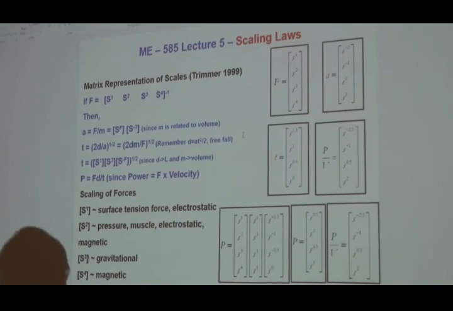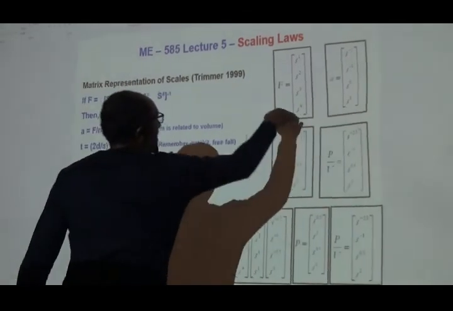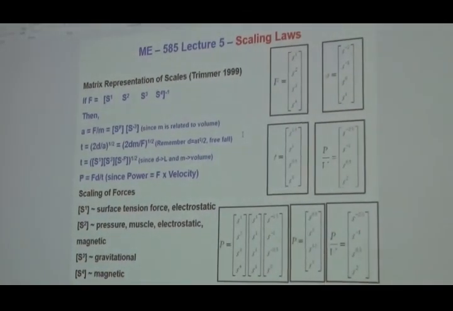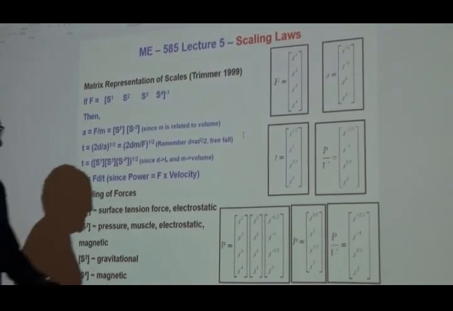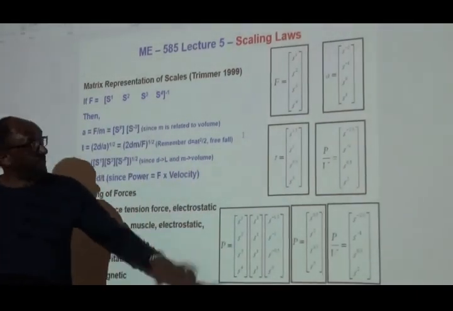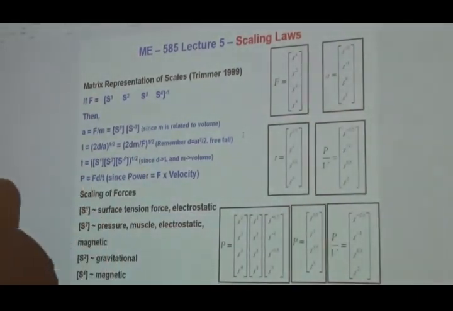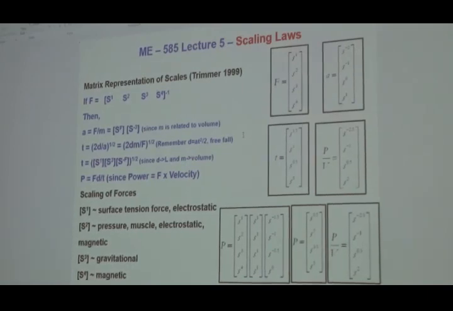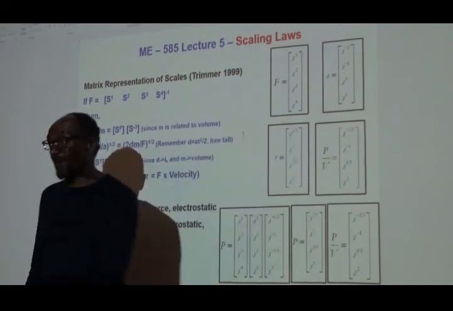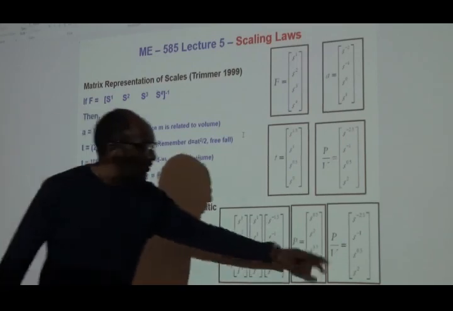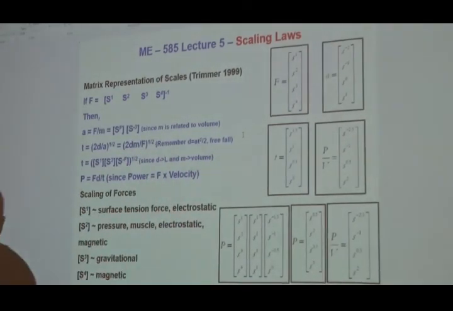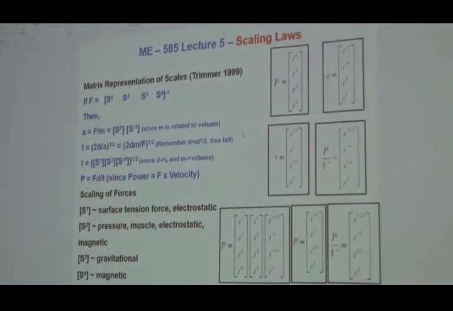Okay, we're getting there. Now, imagine I have a force which scales to S to the power 4. If I cut my length by 2, the force will be reduced by 2 to the power 4, by a factor of 16. But the power density is cut only by 8, which is favorable.